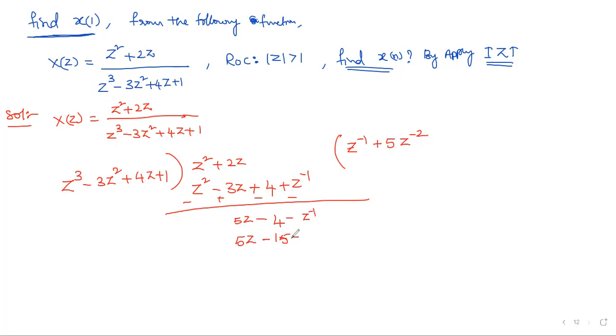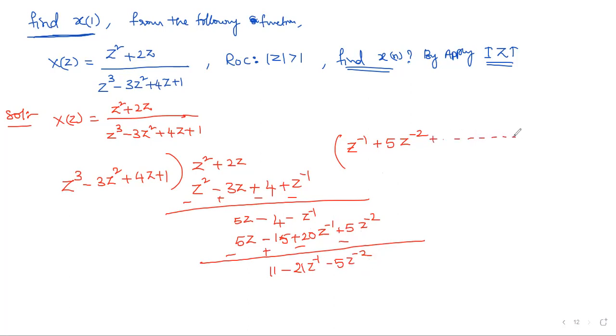Plus 4 into 5, plus 20, z into z power minus 2, z power minus 1. Plus 1 into 5, 5, z power minus 2. Now minus, plus, minus, minus. Now 15 minus 4, you will get 11, minus 21 z power minus 1, minus 5 into z power minus 2.